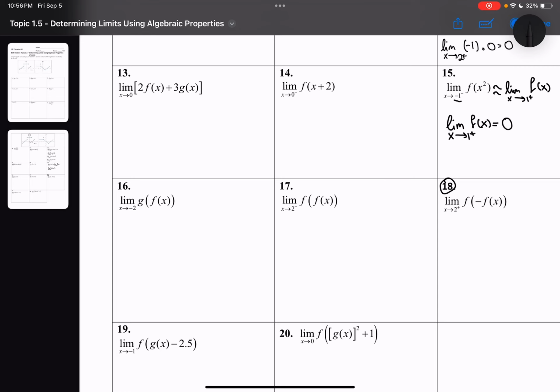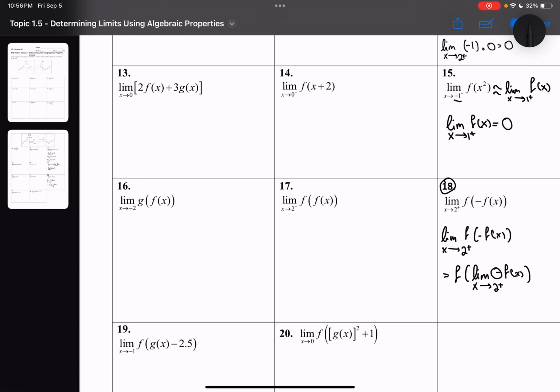So first things first, we're going to use the composite method over here. Limit as x is going to 2 plus f of minus f of x is going to be f of limit as x is going to 2 plus minus f of x.